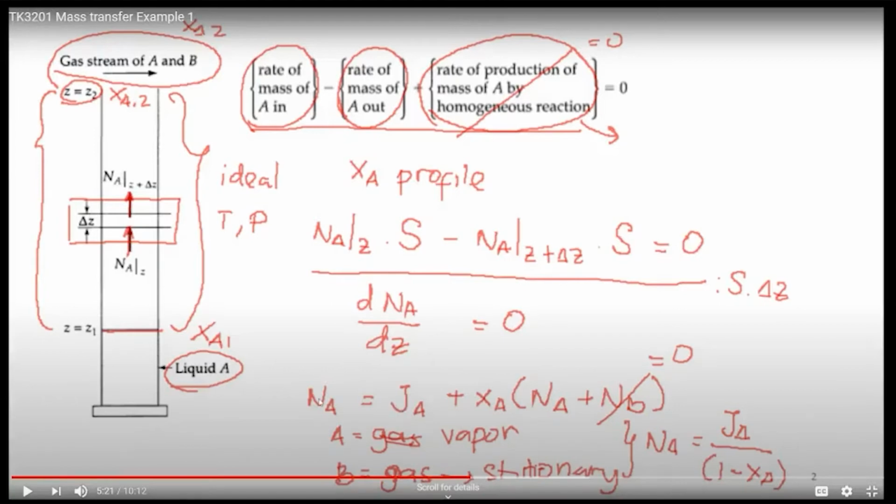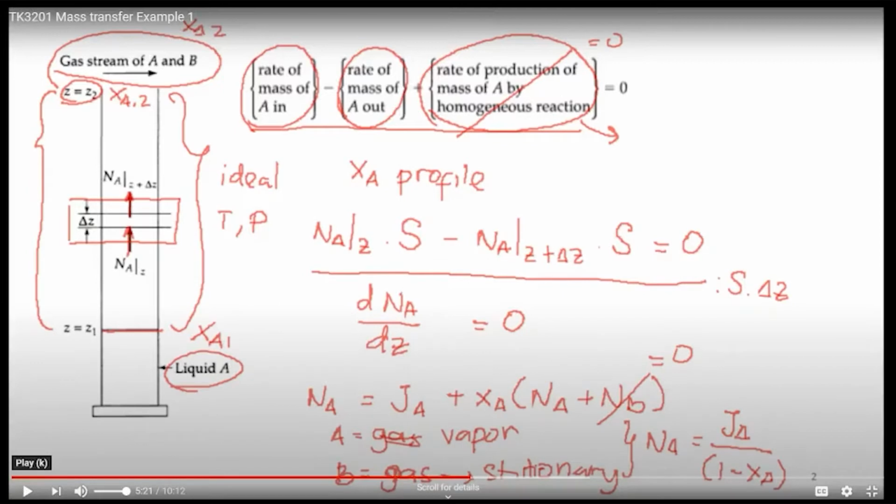Then I can write NA in the bracket 1 minus XA equal to JA. And finally, NA equals JA divided by 1 minus XA. Is it clear? If you still feel confused, I can use the writing pad again to explain. Just ask me.